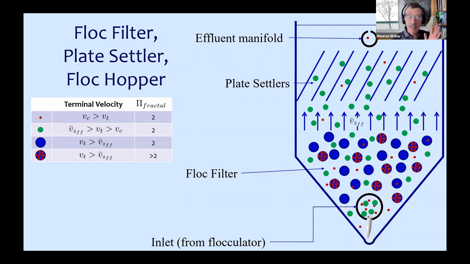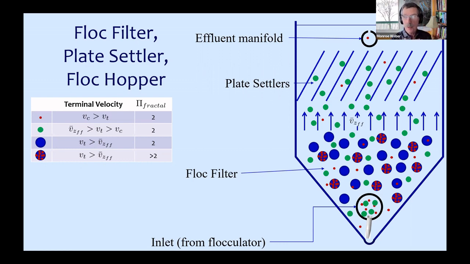So that means that the concentration of the green flocks coming out of the flock filter, or the turbidity that's caused by them, is almost the same as the turbidity of the raw water going into your plant, because almost all the particles are in green flocks that are going right up through the flock filter.